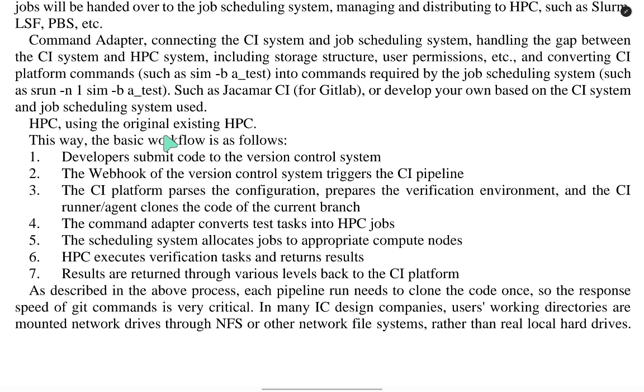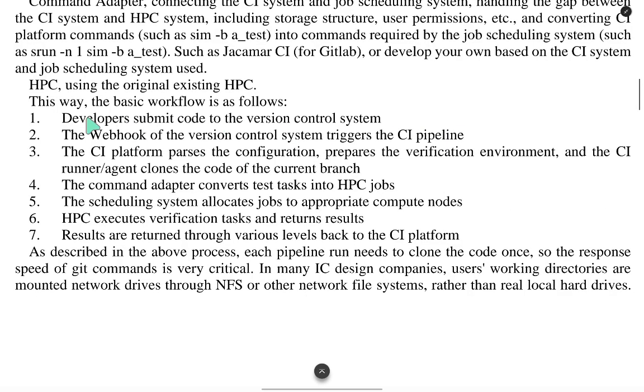This way, the basic workflow is as follows. 1. Developers submit code to the version control system. 2. The webhook of the version control system triggers the CI pipeline. 3. The CI platform parses the configuration, prepares the verification environment, and the CI runner agent clones the code of the current branch. 4. The command adapter converts the test tasks into HPC jobs. 5.